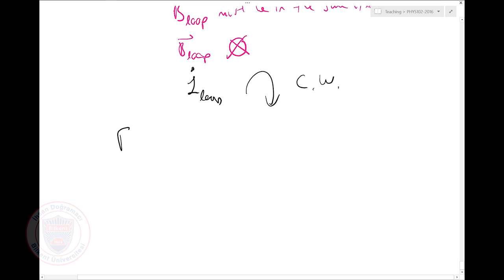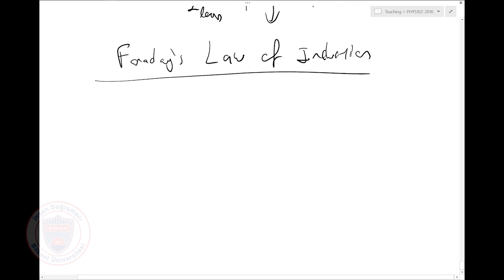So Faraday's law of induction tells me the following.